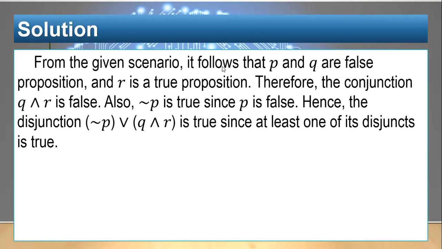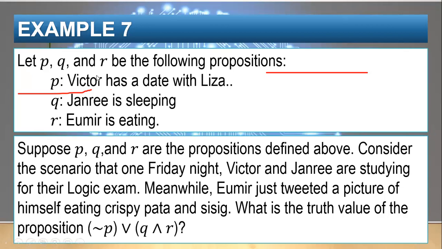So solution. From the given scenario, let us identify first if the propositions P and Q and R are false or true. Okay, so it follows that P and Q are false. So why? Paano natin nasabi na P and Q are false? Because sabi dito, di ba, Victor has a date with Liza, but Victor and John Ray are studying for their logic exam.